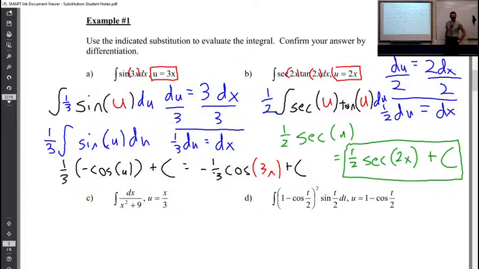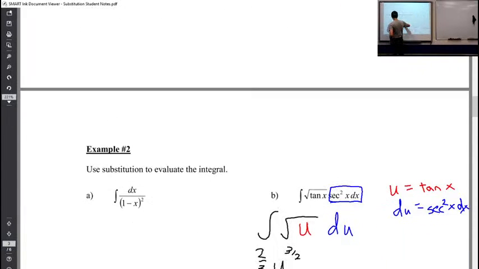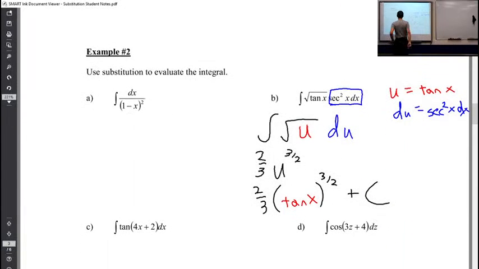Let's do one more here. So once again, I need to choose u. And the clearest way to choose this time is that, once again, there's a function that is trapped inside of another function.